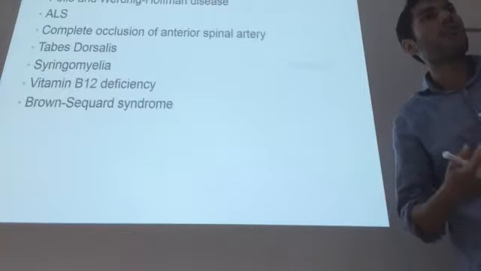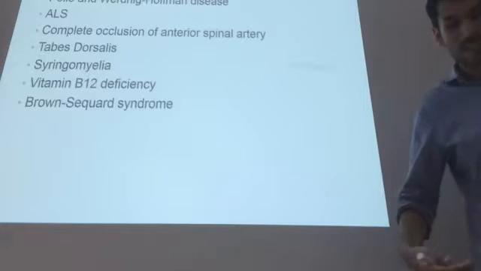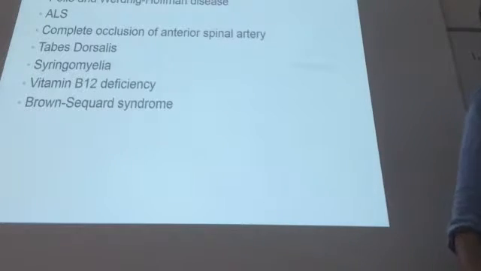Spinothalamic. Because it decussates immediately upon entering, let's say all the pain and temperature from my right leg comes in at this level, enters my spinal cord, decussates into the left side of my spinal cord, and then starts traveling up.